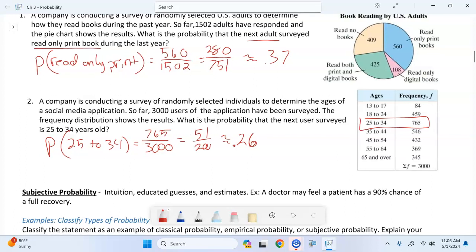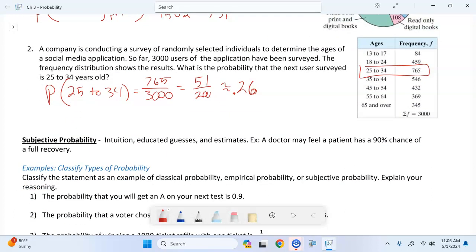Our last is subjective probability. It's based off of intuition, an educated guess. Okay? We have previous data that suggests a certain trend. This doctor performs this surgery, and a lot of the time, his patients have a full recovery, and it's successful.